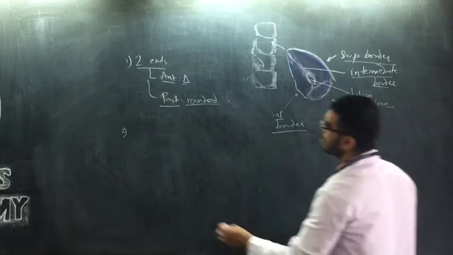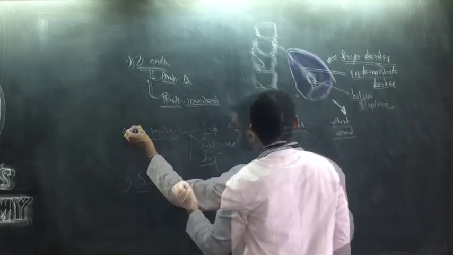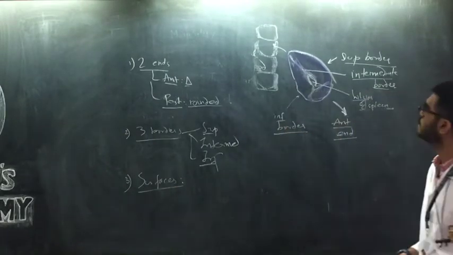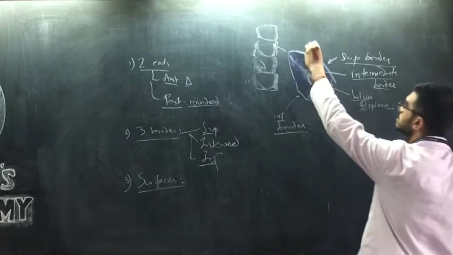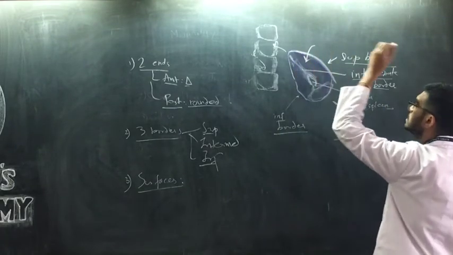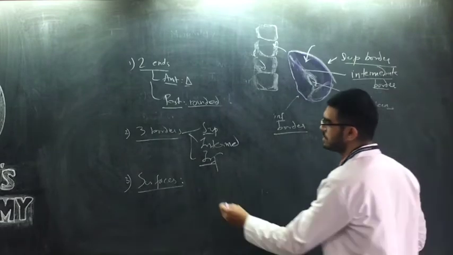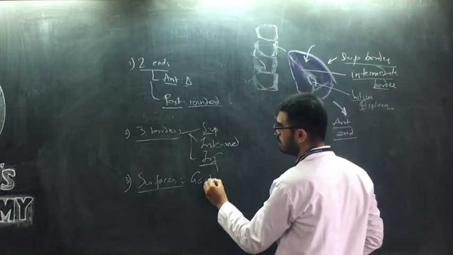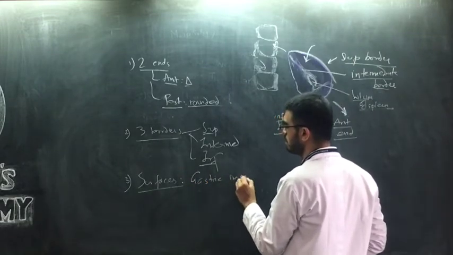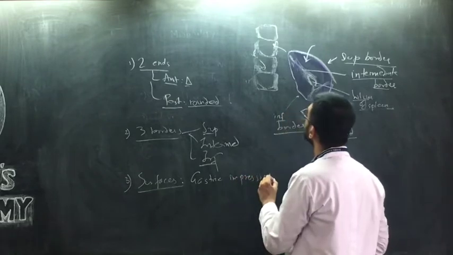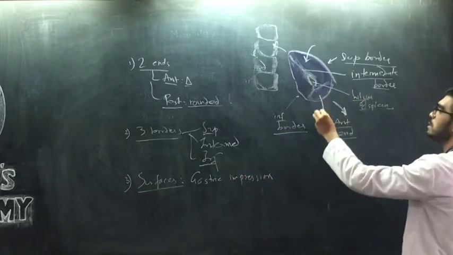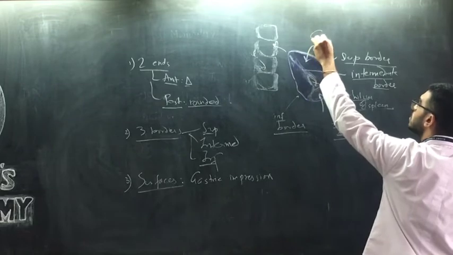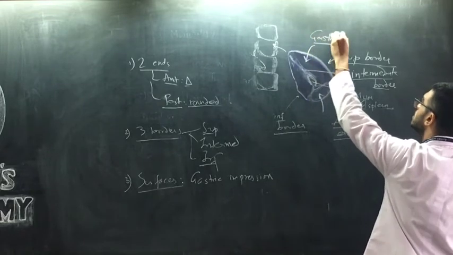And finally, we've got surfaces. And the surfaces are, this is known as the gastric surface, also known as the gastric impression. This is known as the colic impression.